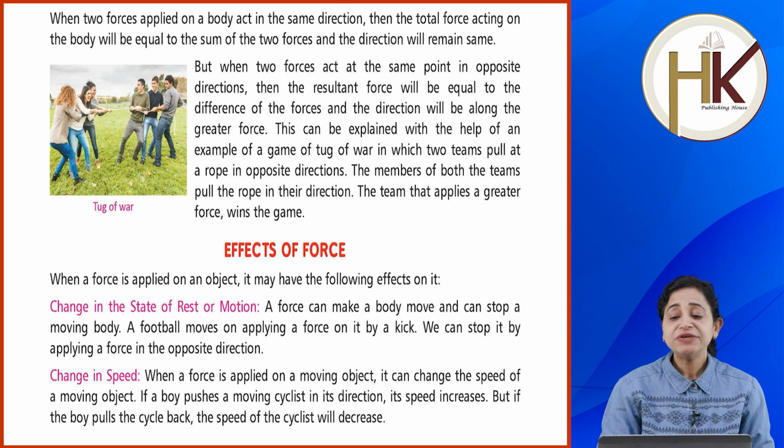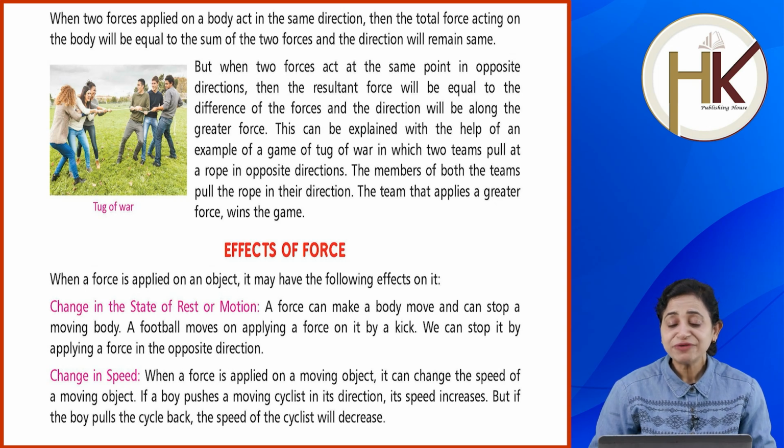This can be explained with the help of an example of a game of tug of war, in which two teams pull at a rope in opposite directions. The members of both the teams pull the rope in their direction. The team that applies a greater force wins the game.